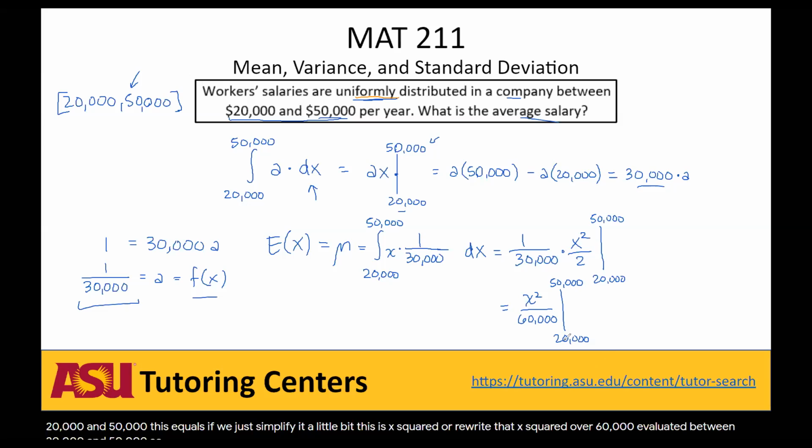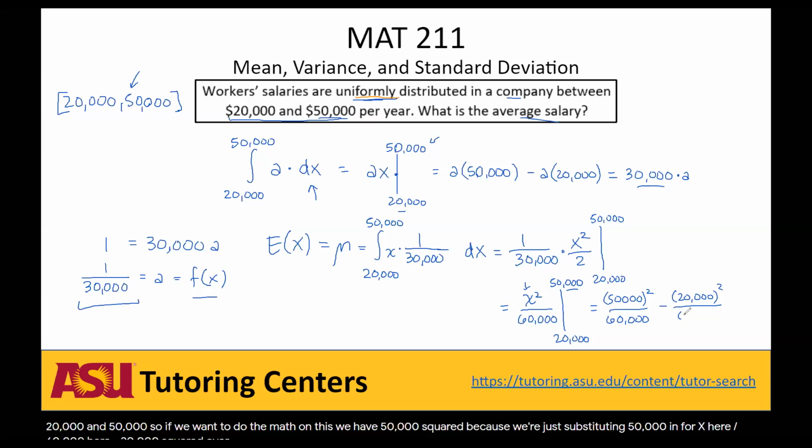If we want to do the math on this, we have 50,000 squared, because we're substituting 50,000 in for x, divided by 60,000, minus 20,000 squared over 60,000.